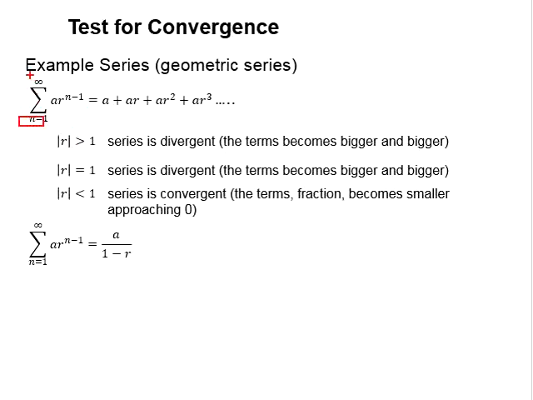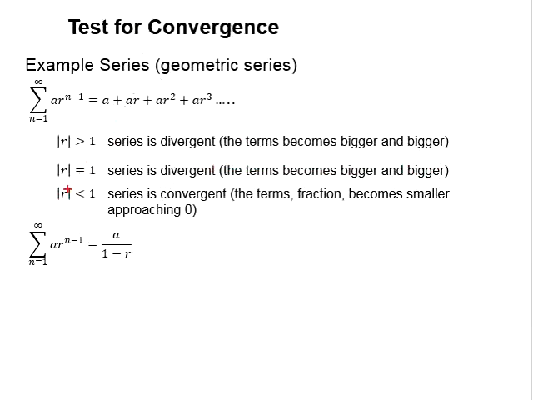When your n is equal to infinity, that means the a will have to add up infinitely many times. This makes the series divergent because the series will become bigger and bigger, ultimately becoming infinity.